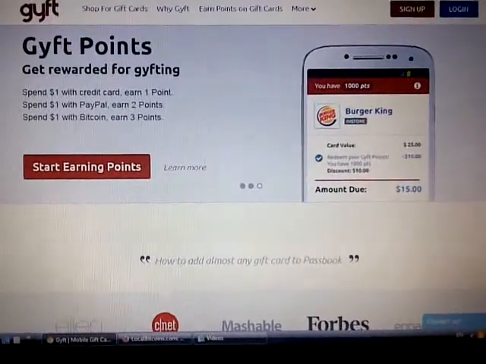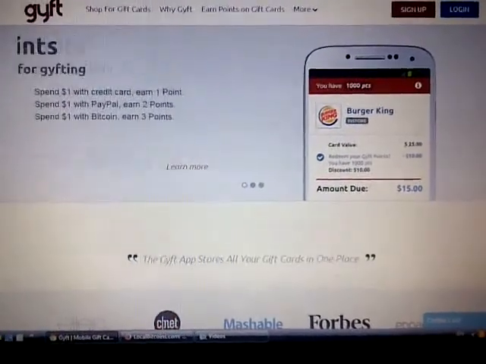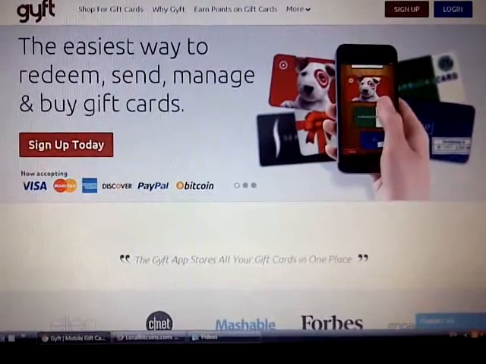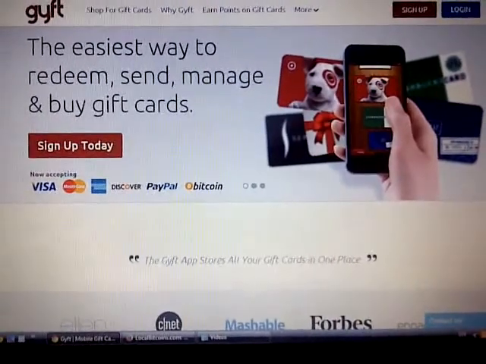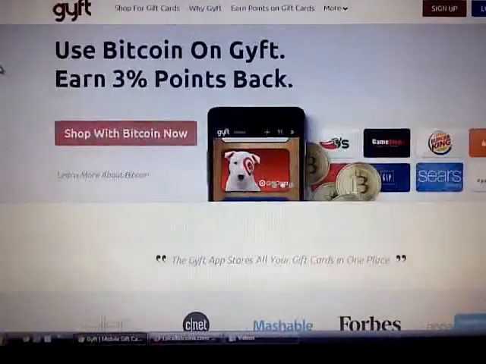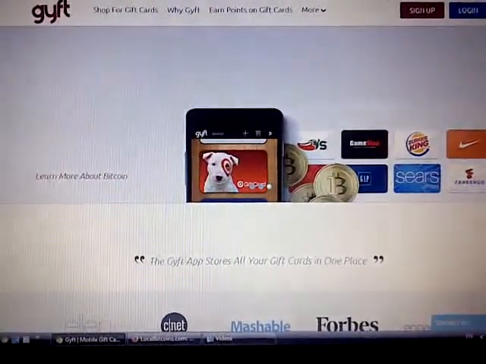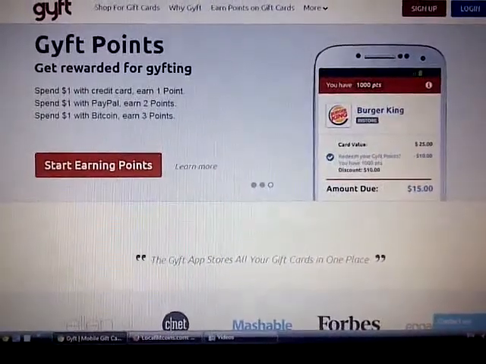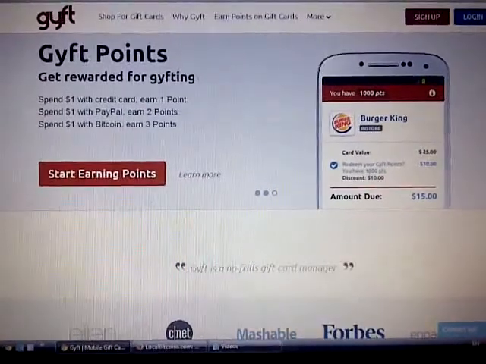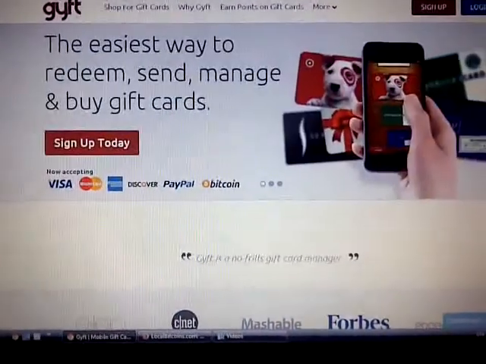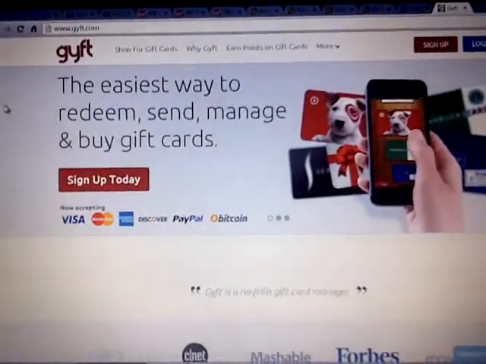Anyways, my wife has an Apple iPhone, and basically she loaded the app for Gyft. Okay, so there you go.